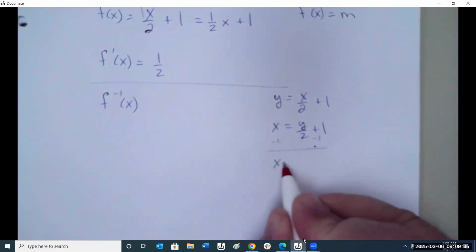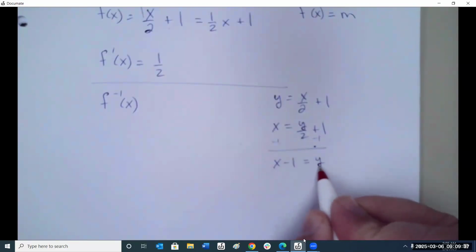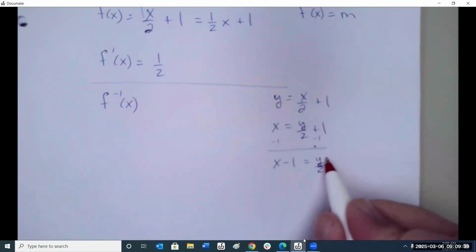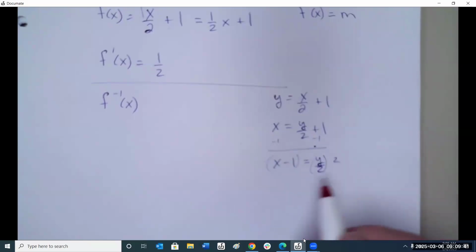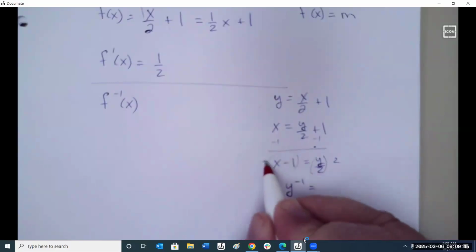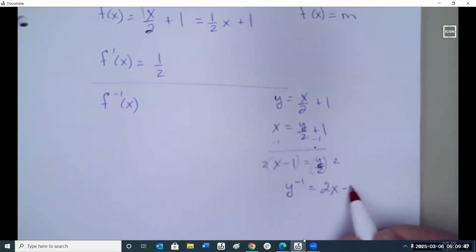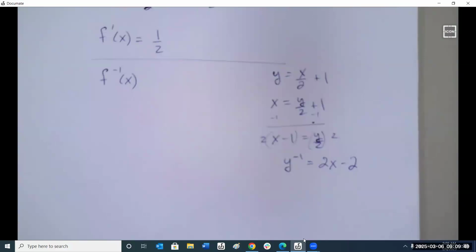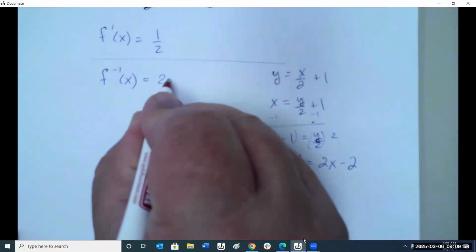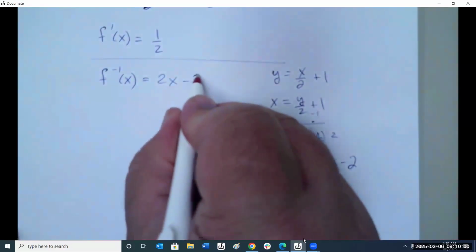So we have x minus 1 equals y over 2. Multiply both sides by 2. So the inverse function is 2x minus 2.